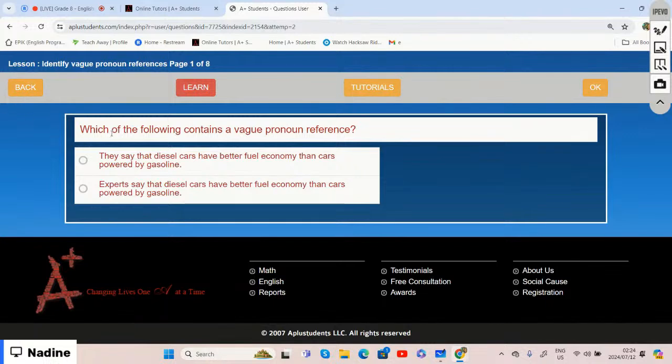It says this: They say that diesel cars have better fuel economy than cars powered by gasoline, or experts say that diesel cars have better fuel economy than cars powered by gasoline.